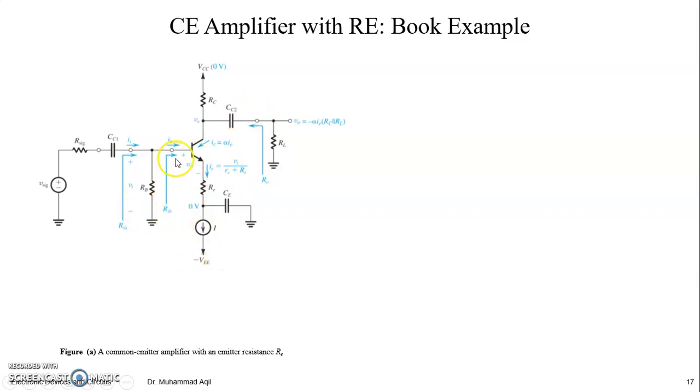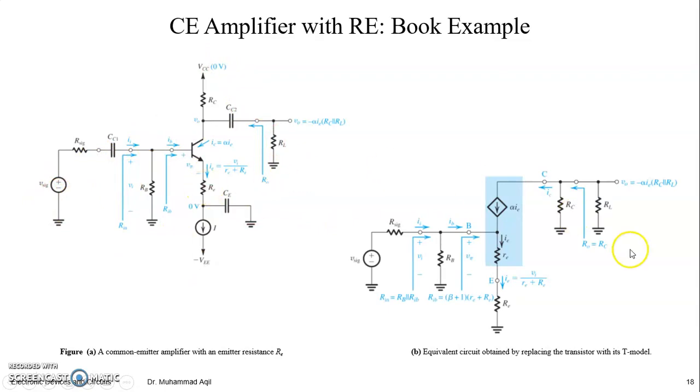Here he showed you this R_ib, R_in, this will be your stage excluding RL and this source part, or you can make a T model. T model, why? Because we have a discrete RE here. So replace this with its T model. Forget about R naught, meaning neglect the early effect, and now put in the other components.